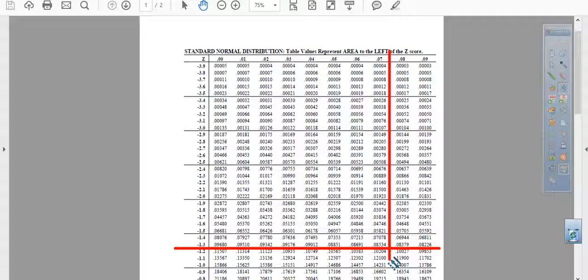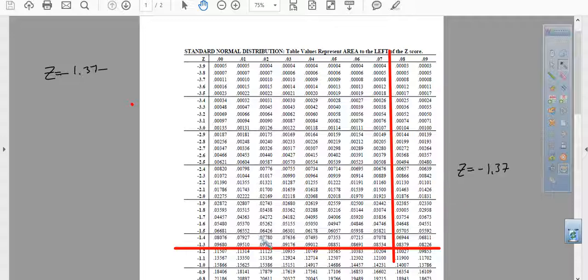So remember, our z-score that we're working with for this problem is z equals negative 1.37. Sorry about that. I should just write over here because I get a little bit of lag on the board. So z equals negative 1.37. We already have our picture. We already understand what's going on.